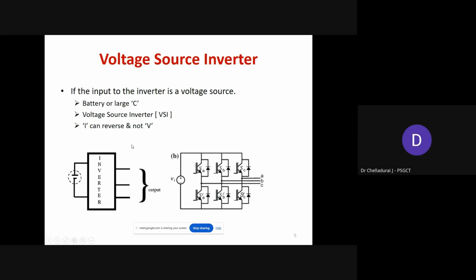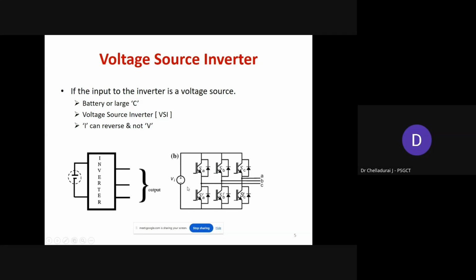In this VSI topology, the output current is purely based on the connected load. So the current can reverse, but the output voltage can't be reversed. It is a very simple DC to AC conversion power circuit with IGBTs along with feedback diodes.